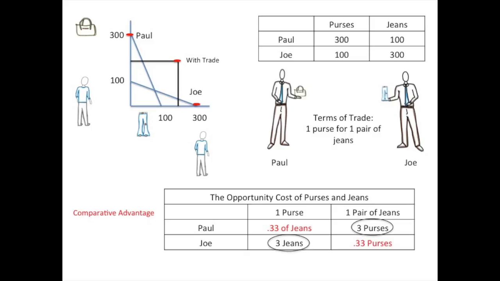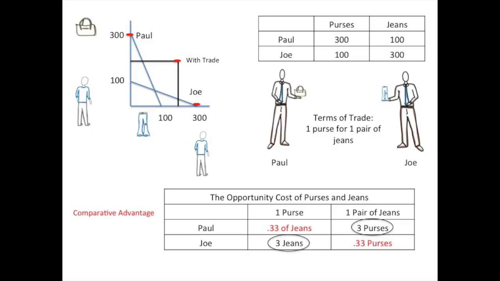This combination of 150 purses and 150 jeans was not attainable on their original curves. Now with trade, they are able to have more purses and jeans.